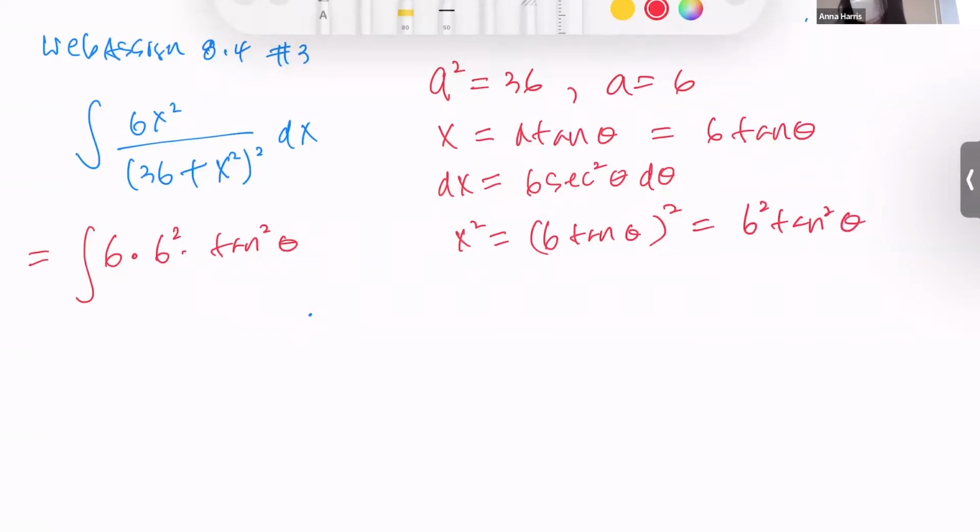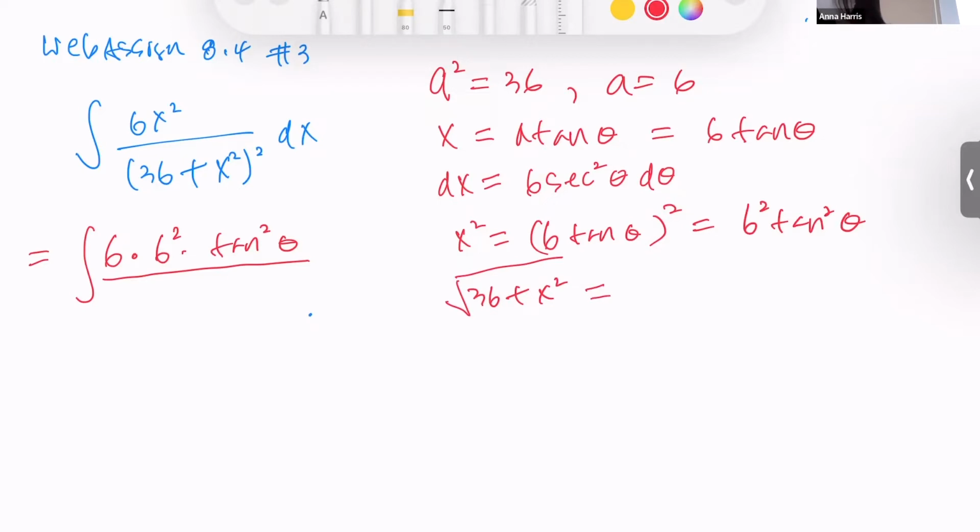Okay, so now I'm gonna write down everything. 36 plus x squared. What is that equal to? Oh, we don't have that one yet. What's the 36 plus x squared would be? I know what this is equal to. 36 plus x squared is equal to what?